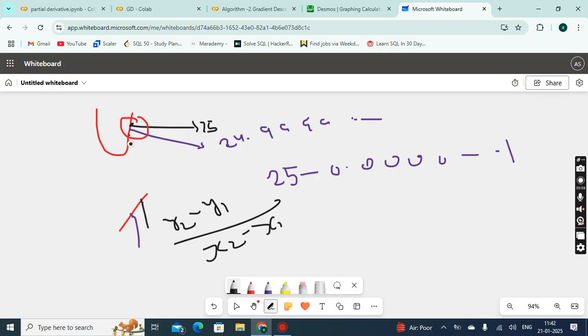Slowly you take another nearby point, and like this you keep taking nearby points, and at the end you will reach a position called 0, which is the position where your loss is the minimum. I hope this part is clear.